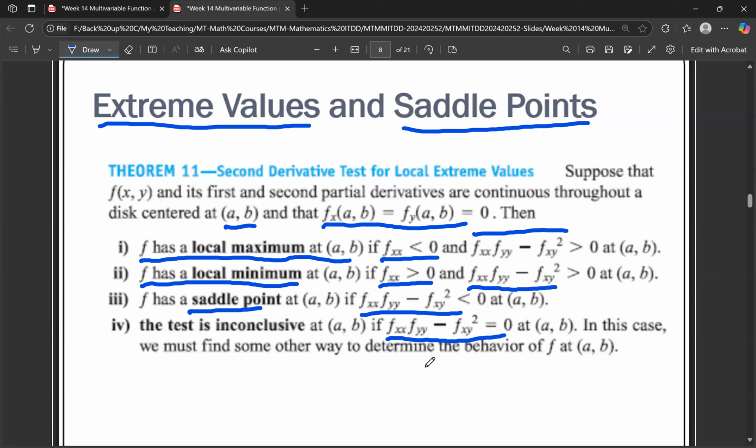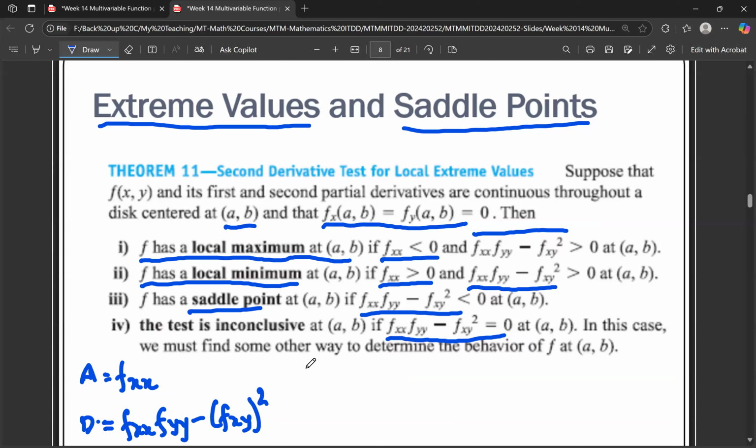We have no decision if this value is equal to 0. Sometimes we can make it shorter by using the symbol A for fxx and D for fxx times fyy minus fxy squared.